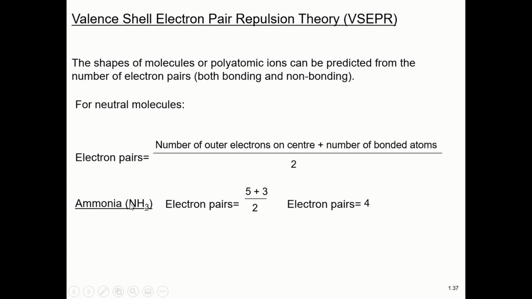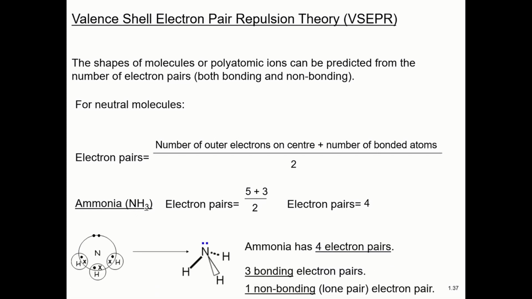Now I know from this, nitrogen has formed 3 bonds, so there must be 3 bonding and 1 non-bonding, or you might see it referred to as a lone pair. Okay, so 3 bonding electron pairs, 1 to each hydrogen, and 1 non-bonding pair on that.